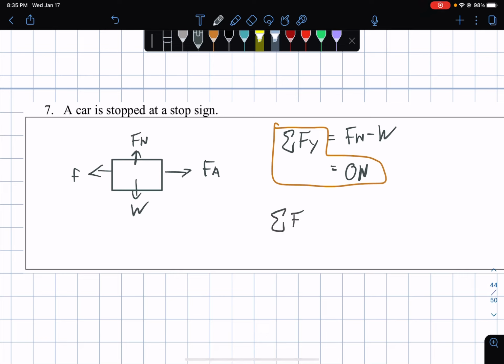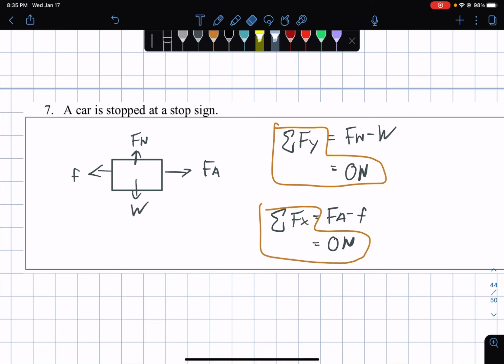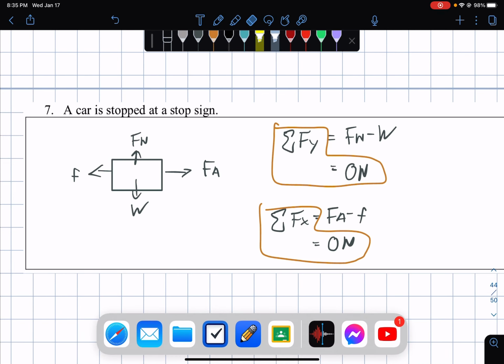The summation of Fx is equal to Fa minus F, such that a car is stopped, so this has to be 0 newtons by the moment the car stops. But if it hasn't stopped, the Fa is supposed to be bigger. And then yeah, why did I have 0 newtons instead of Fa being bigger?